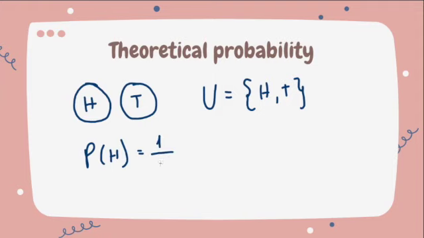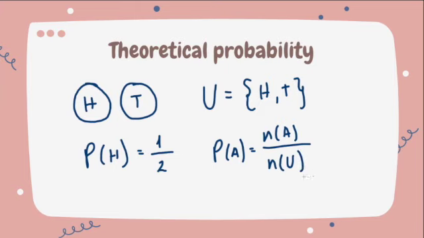Why? Because the probability of an event A is going to be the number of outcomes that make that event happen over the number of outcomes in the sample space. That's why in this case, because we have 2 possible outcomes in our sample space and only one of them is head, our probability of getting head is going to be equal to 1/2.